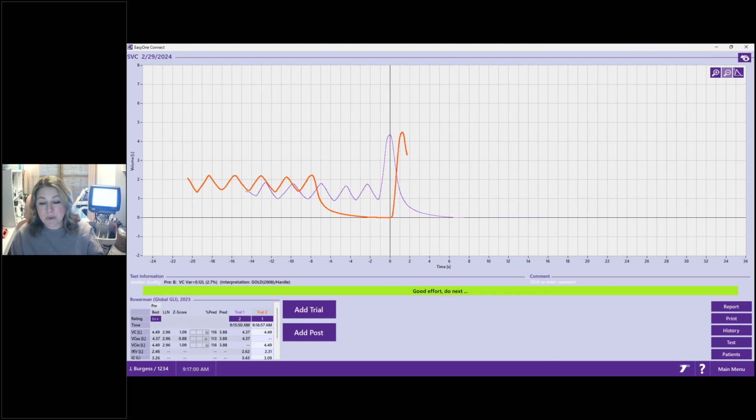Excellent. And again, it is going to automatically end when it has that end of flow at the end.